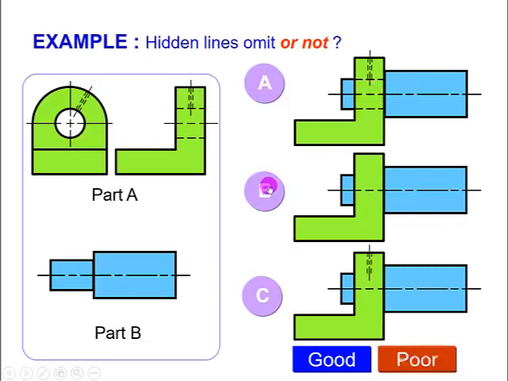B is not good enough because you can't see inside here. C as well, you can't see the hidden line there to show how part B goes. So the perfect one is A. So that is to represent a clear assembly view.